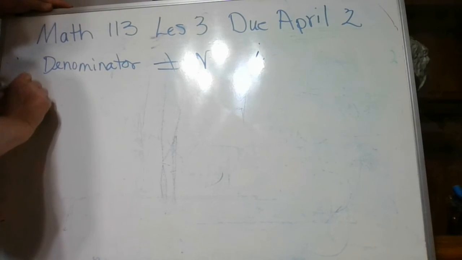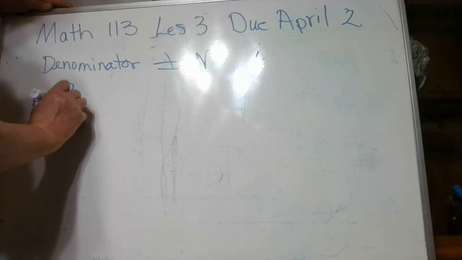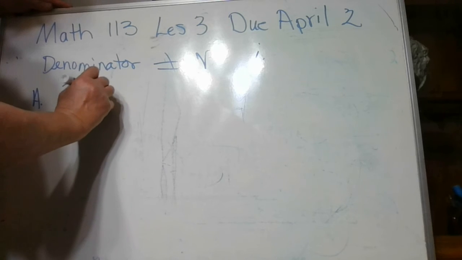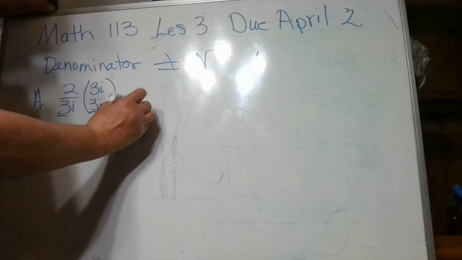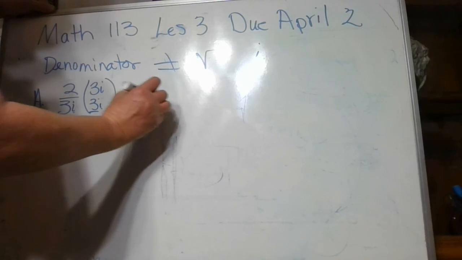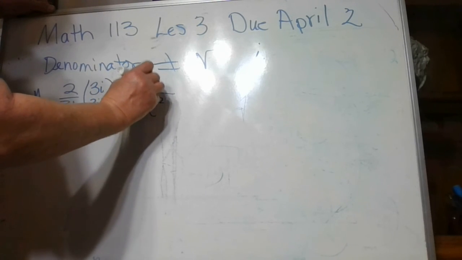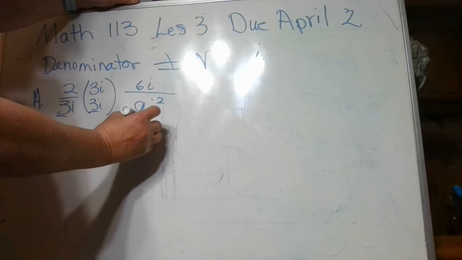So, 2 over 3i. We're going to multiply by 3i over 3i. 3 times 3 is 9. I times i is i squared. And on the top, we're going to have 2 times 3 is 6i. We know here that i squared is negative 1.